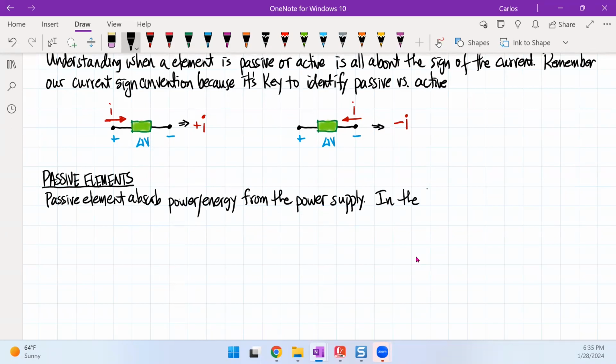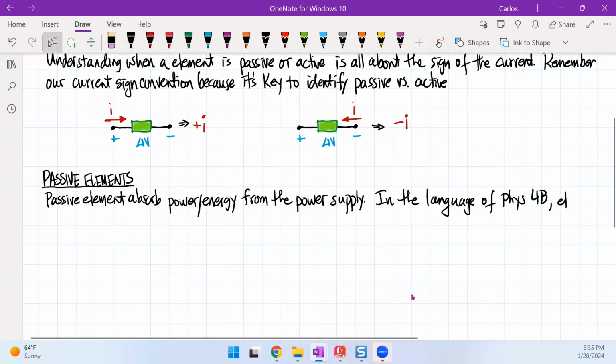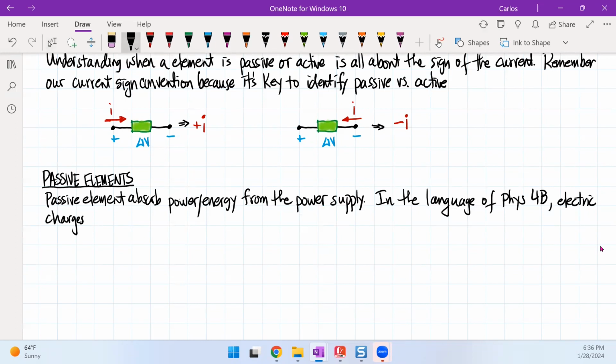In the language of physics 4b, electric charges lose potential energy as they cross the element.